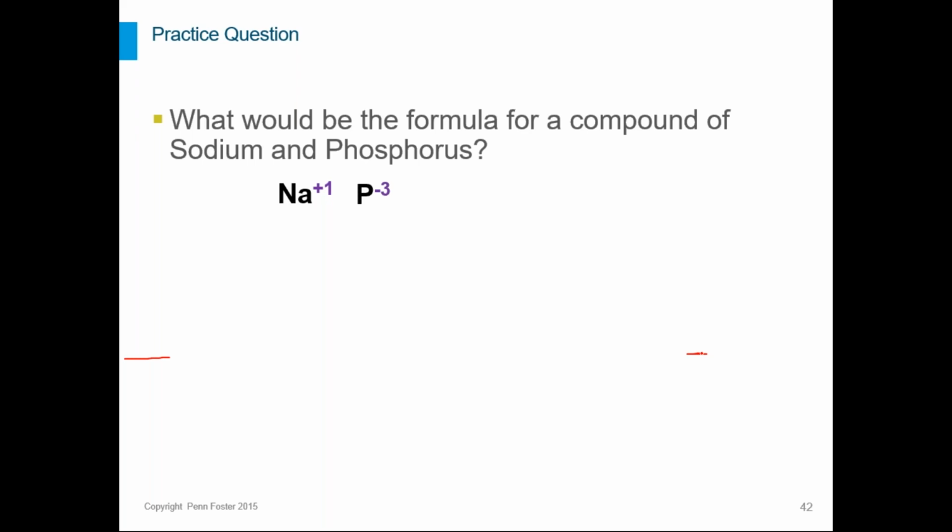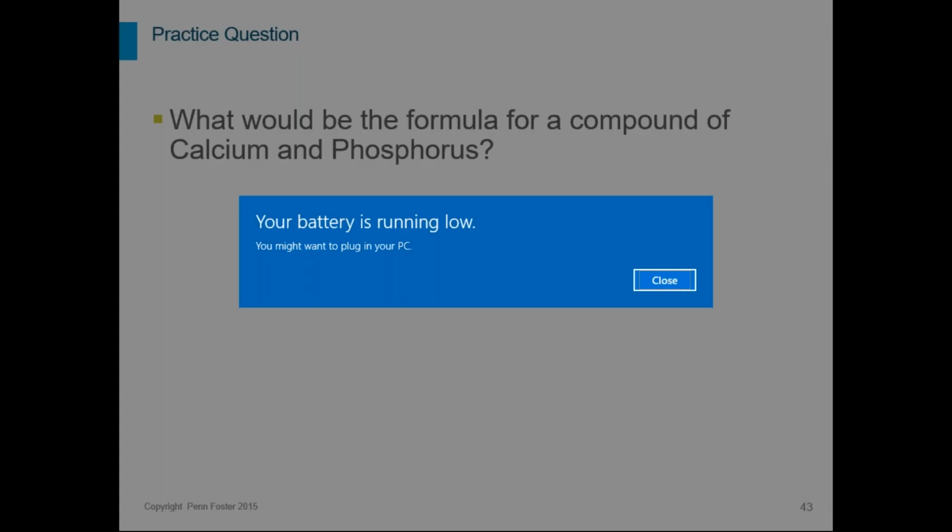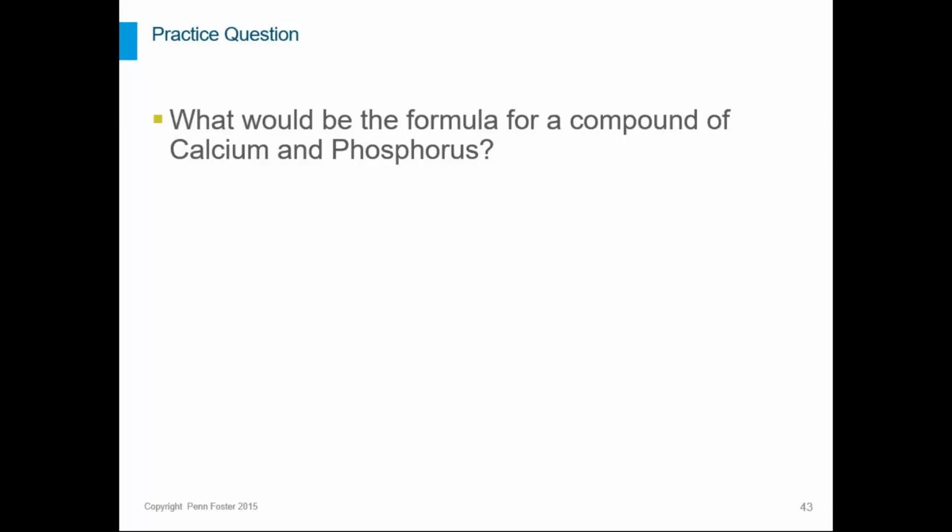So we just take our little trick and we put the number from phosphorus with sodium, and we put the number from sodium with phosphorus, and that's what we get. Sodium 3 and phosphorus 1. Again, the reason is because basically phosphorus is 3 times stronger than sodium, so you need 3 sodiums for every phosphorus.